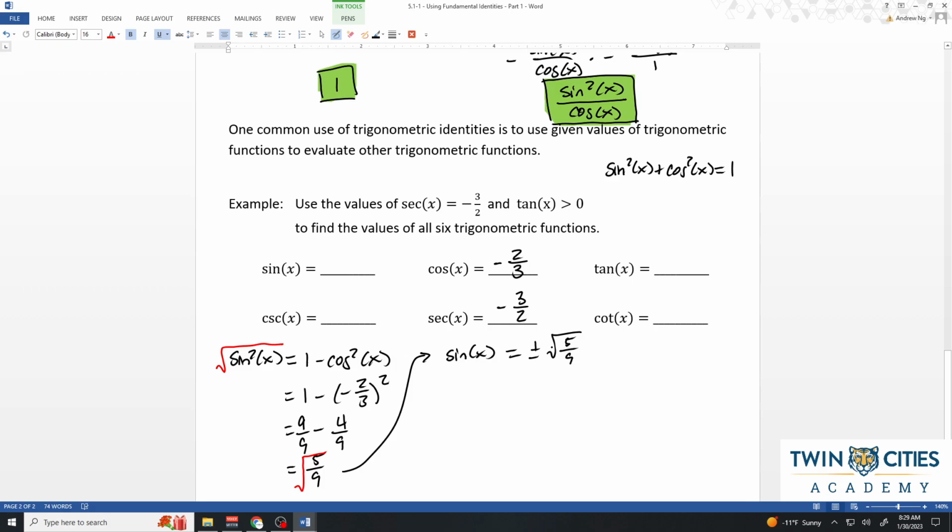If sine is positive square root of 5/9, then with cosine being negative, sine over cosine would make tangent negative. So that means sine cannot be positive. Sine must be negative, because if sine is negative and cosine is negative, then tangent being sine over cosine would be positive. So I'm going to reject this positive answer here, and sine of x is going to be negative square root of 5/9.